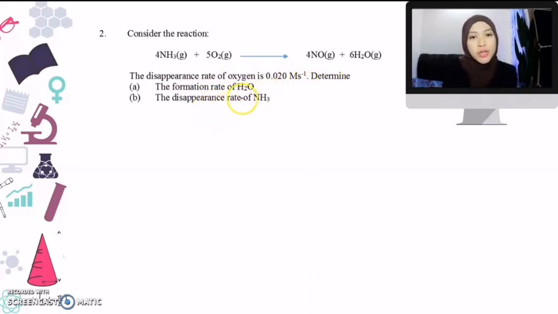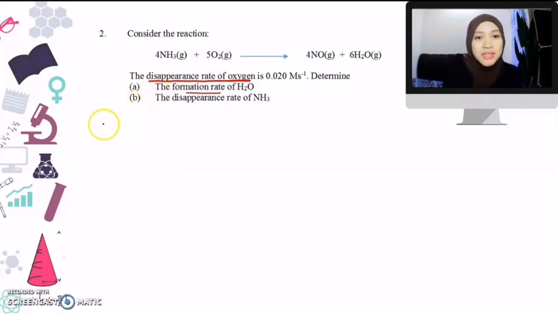Determine the formation rate of H2O and the disappearance rate of ammonia. Okay, this one, the question wants you to relate the differential equation and also the disappearance rate of oxygen. The information given from the question is the disappearance rate of oxygen, and the question asks you to find out the formation rate of H2O.